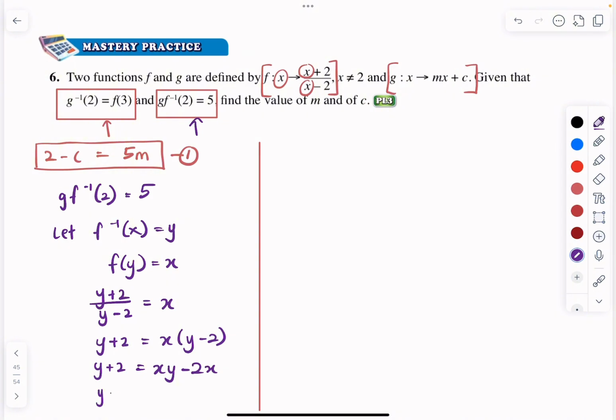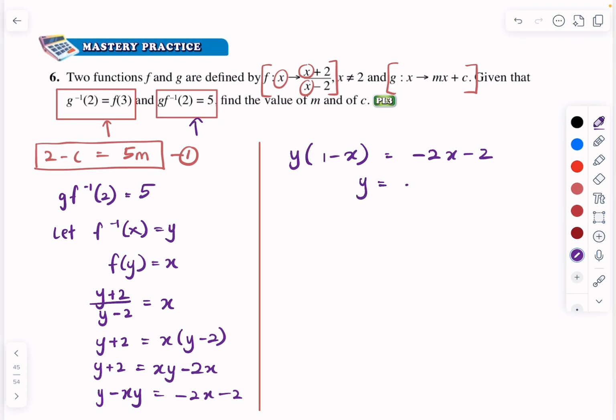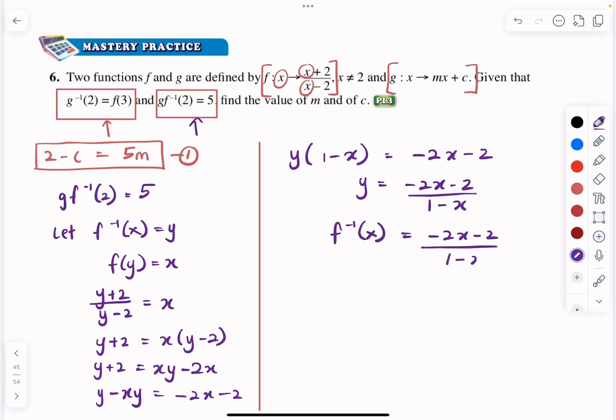So this will be y minus xy equals negative 2x minus 2. And then we factor out the y. So it will be 1 minus x times y equals negative 2x minus 2. So then y equals negative 2x minus 2 over 1 minus x. Therefore, this is f inverse. So our f inverse x is negative 2x minus 2 over 1 minus x.